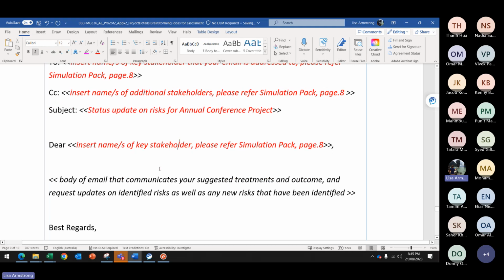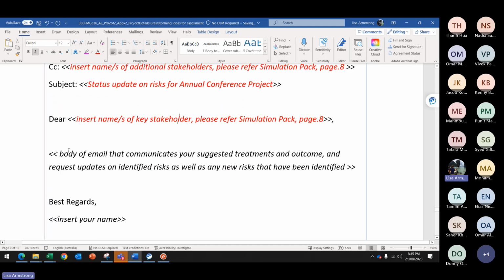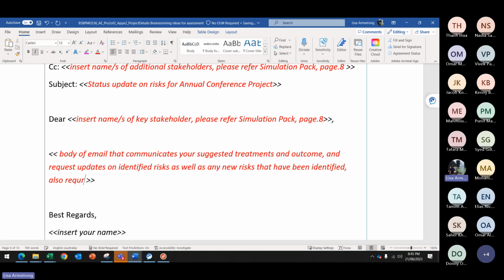And then the body of the email. So this is where you talk about suggested updates. Also request feedback from stakeholders on risks in the risk register.